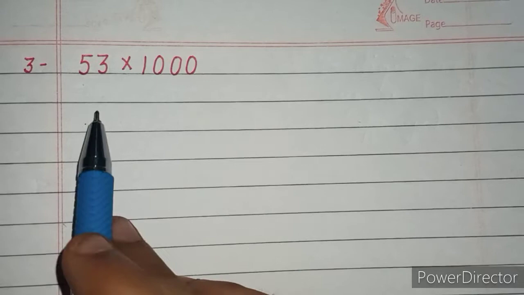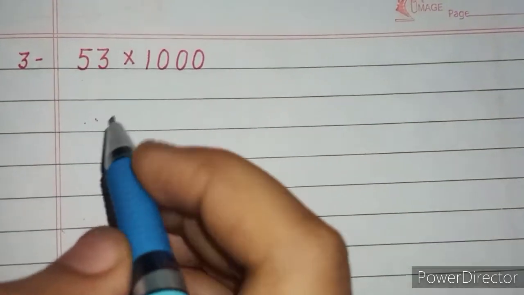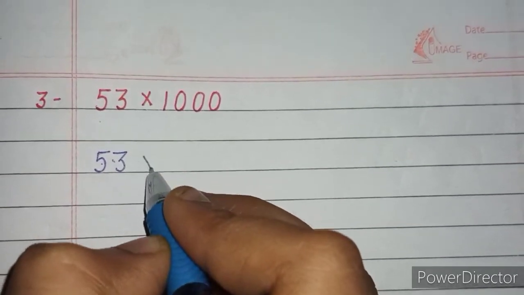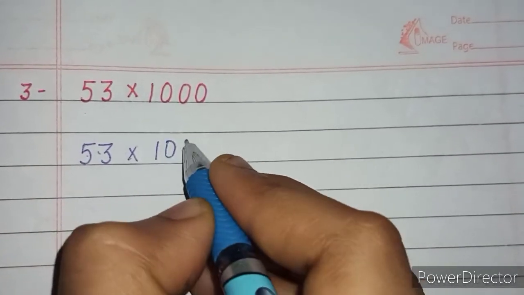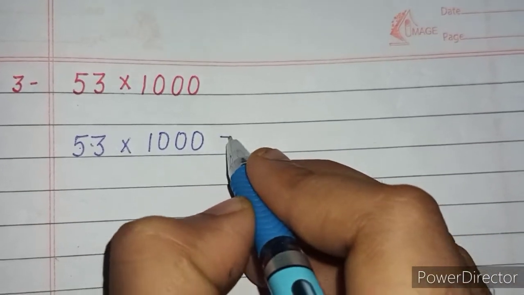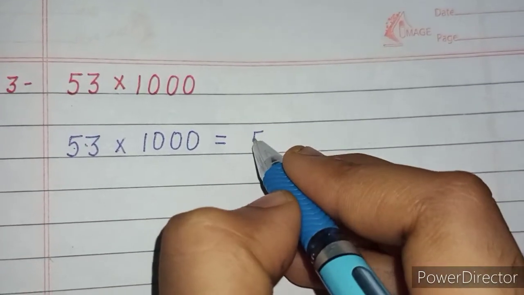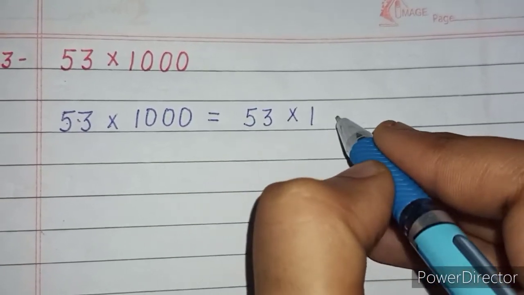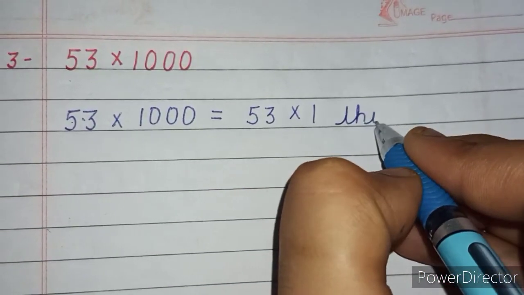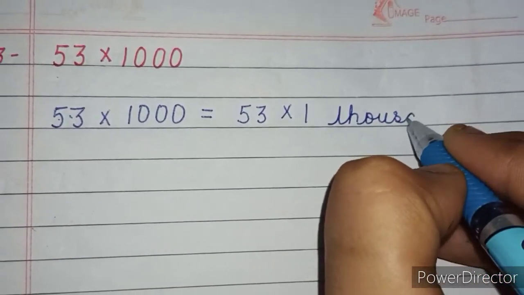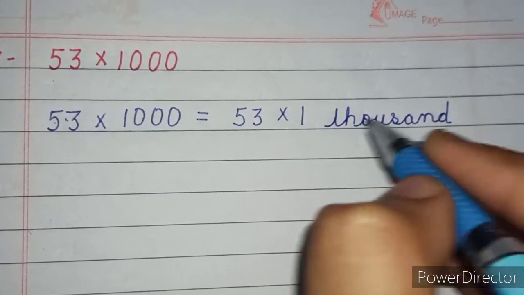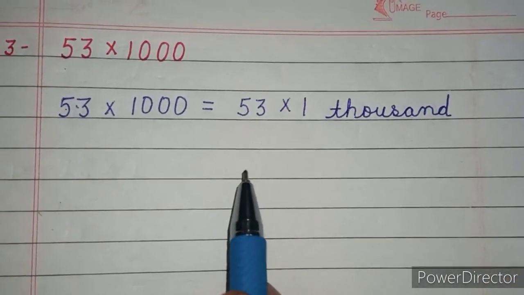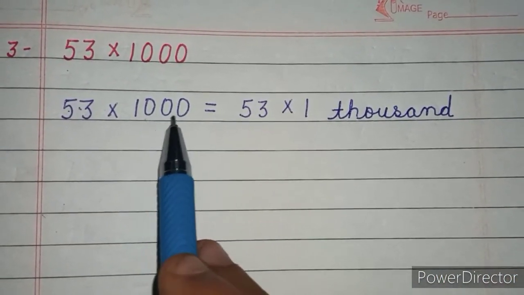So first we will write 53 multiplied by 1000. Now put is equal to and write 53 multiplied by 1000, write in words. Okay. Now you can see 1000 is written here.